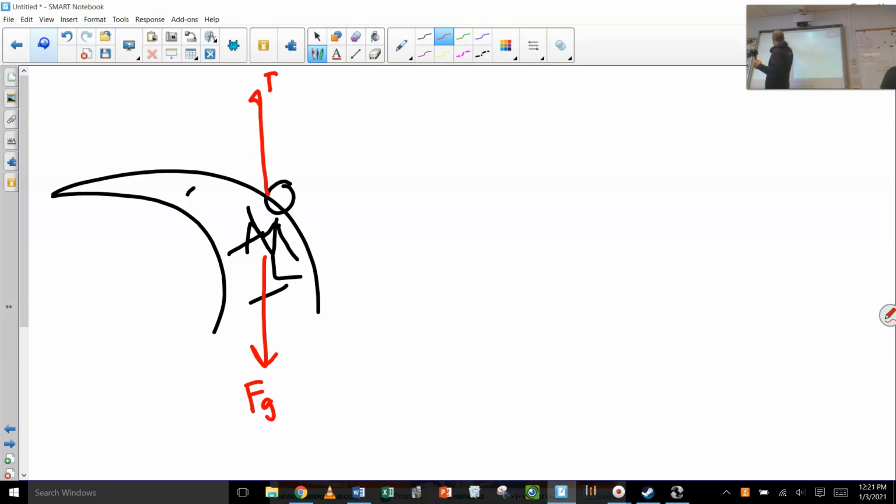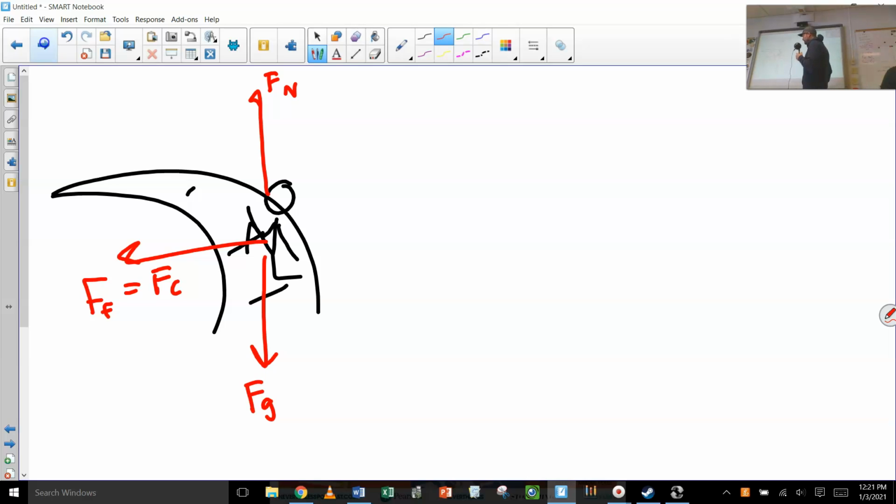I've got a gravitational force and a normal force, and there needs to be a force turning me. And that force that is turning me is friction. Like the friction between the ground and the person is what turns them. The more friction you have, the faster the corner you can take.